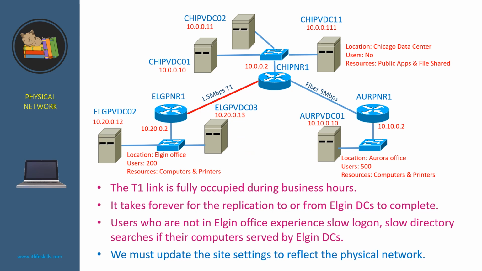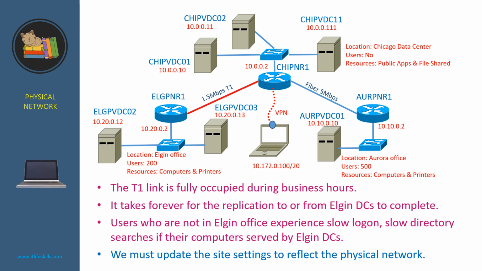For example, we have a laptop that is connected to the network via the VPN, and it is assigned the IP address 10.172.0.100/20. When querying its DNS server for a domain controller, the client may choose LHPVDC02 to log on.